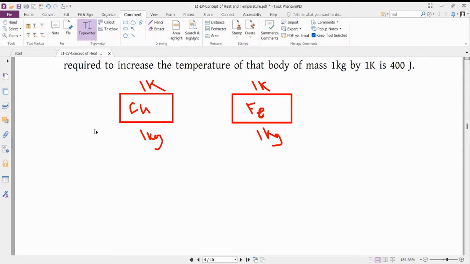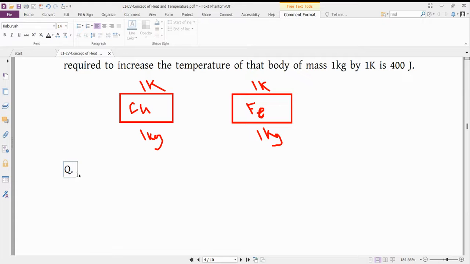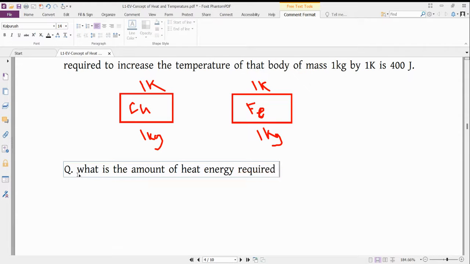So the question is, what is the amount of heat energy required to increase the temperature by 1 Kelvin? Okay.